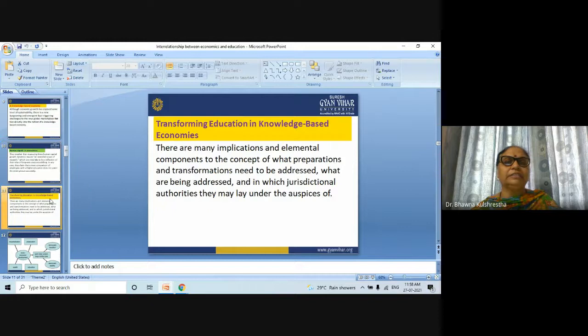And the next is transforming education in knowledge based economies. There are many implications and elemental components to the concept of what preparations and transformations need to be addressed, what are being addressed, and in which jurisdictional authorities they may lay under the auspices of.